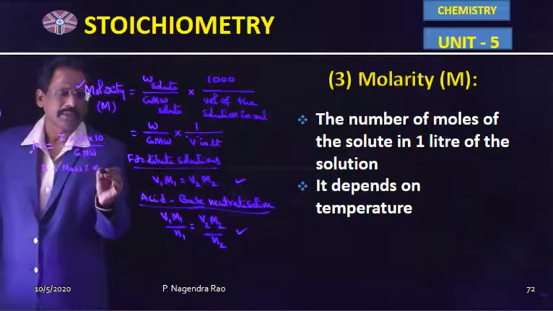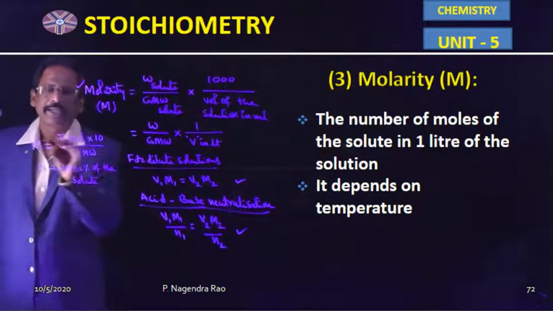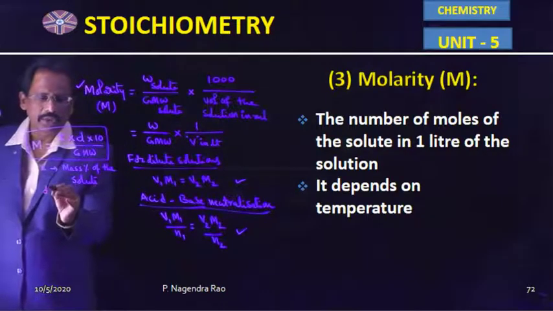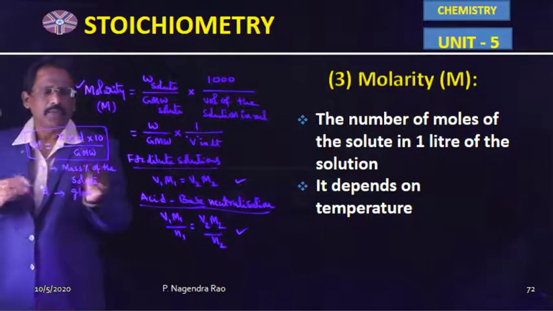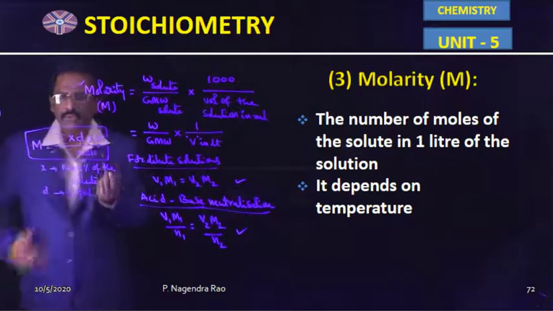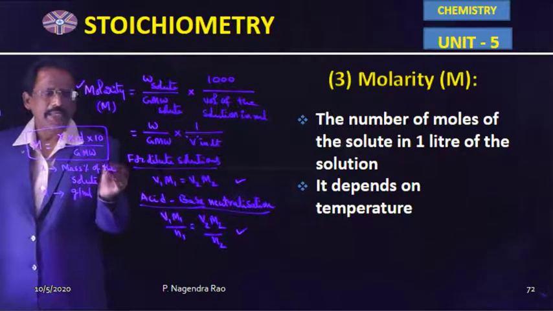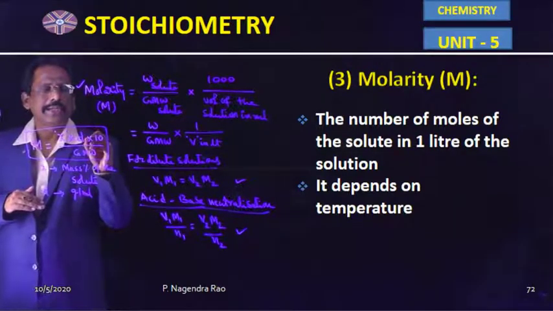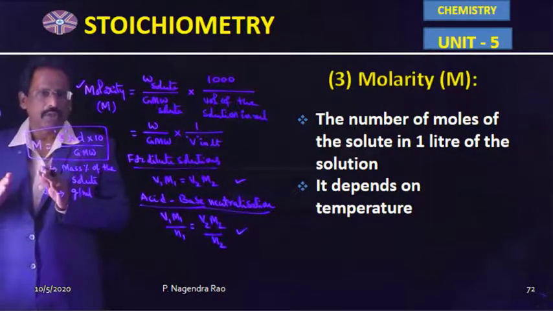If you know the density of the solution in grams per milliliter, you can find the molarity by this expression: molarity equals mass percentage of the solute into density of the solution in grams per milliliter into 10, divided by gram molecular weight.